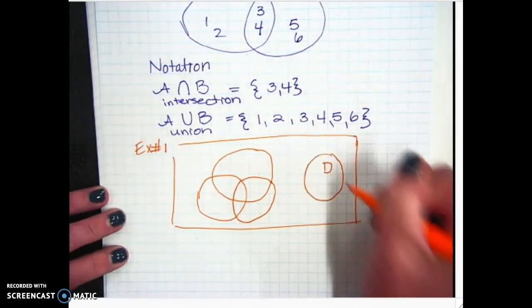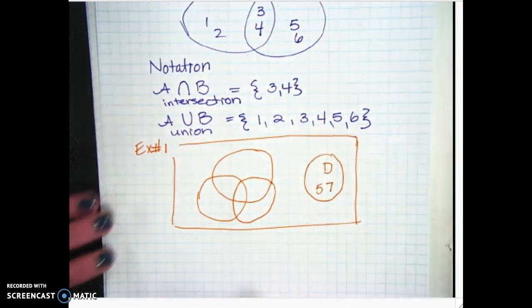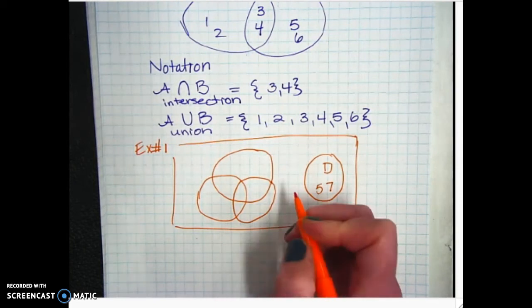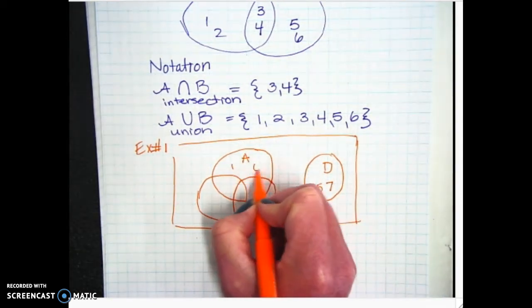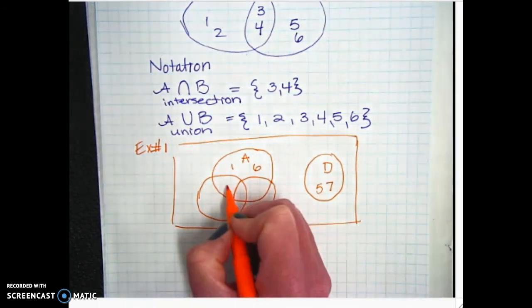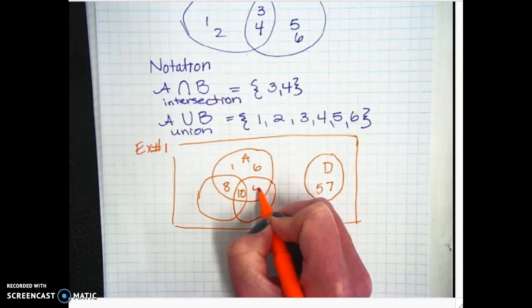So this one's D, this one's easy, this has 5 and 7 in it. This one is A, it has 1 and 6, and then it has 8, 10, and 4.